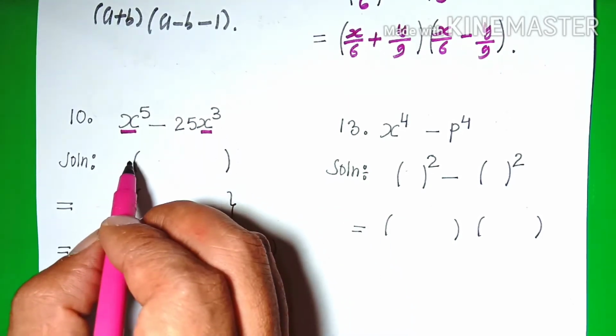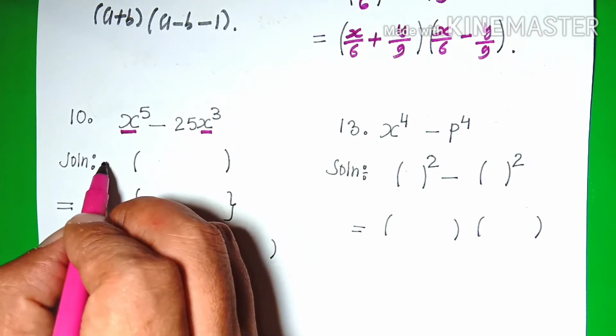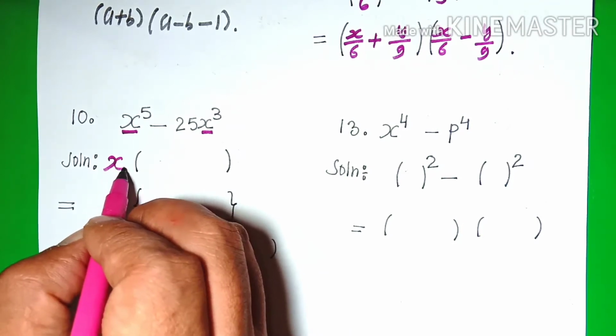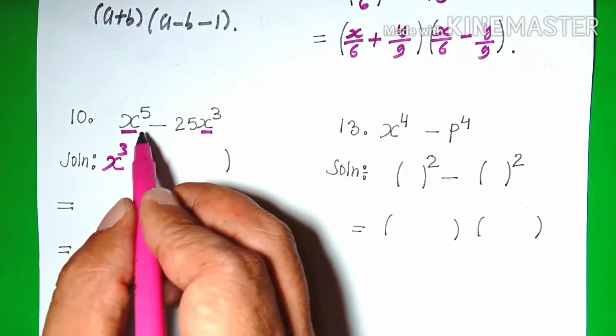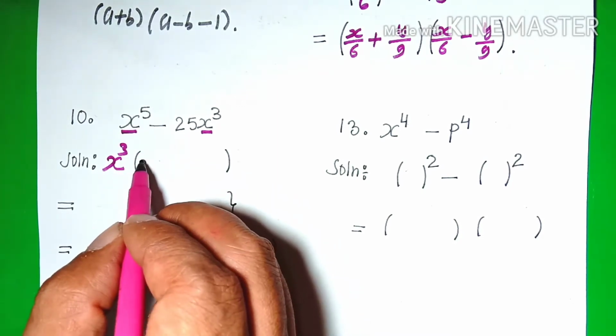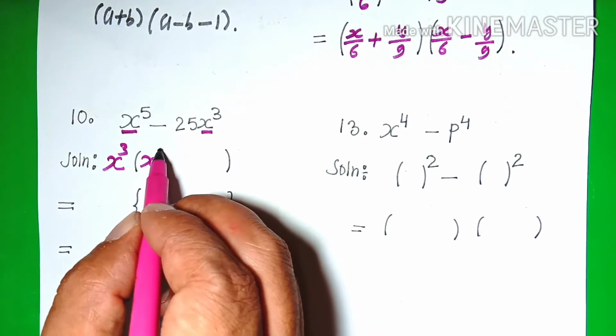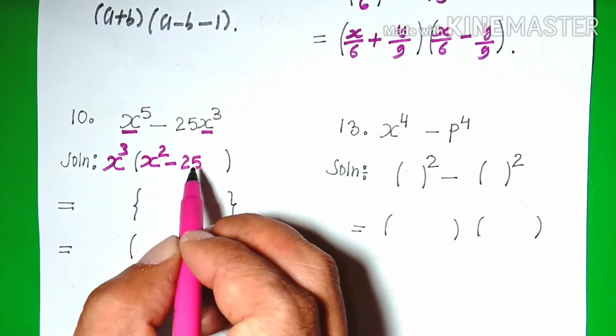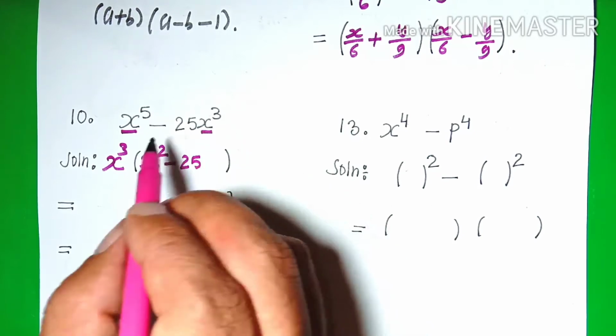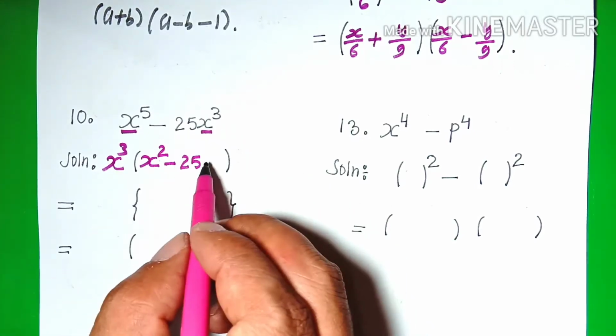And while taking the variable common, we take the least power. So here the least power will be x cube. After taking x cube from x raised to 5, we are left with only x square minus 25. So x cube, 5 minus 3 will be 2.